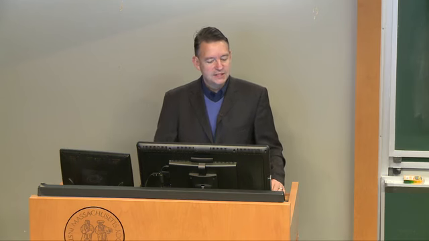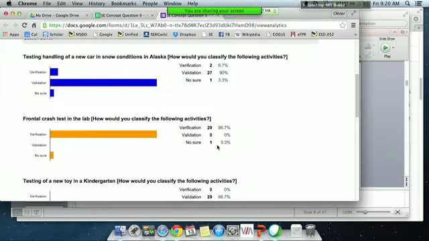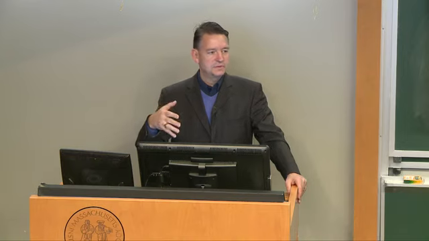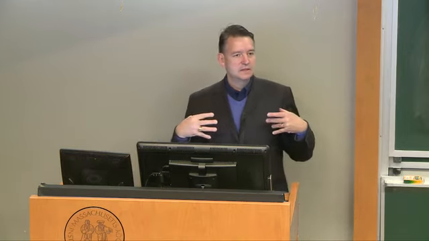Frontal crash test in the lab. Most of you said it's verification, and I would agree with this. Those very standardized crash tests that you've seen in some of the commercials, right? The vehicle is prepared, instrumented, you have the crash test dummies, and typically there are at least 3 different kinds of crash tests. There's frontal, side impact, like the T kind of crash, and then there are also rollover tests that are more and more standardized.